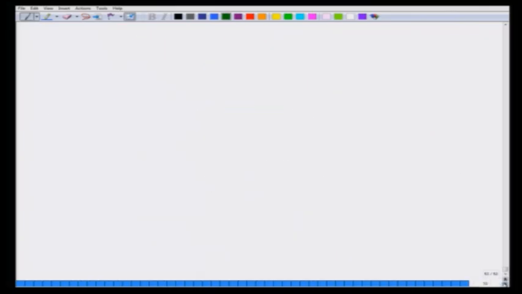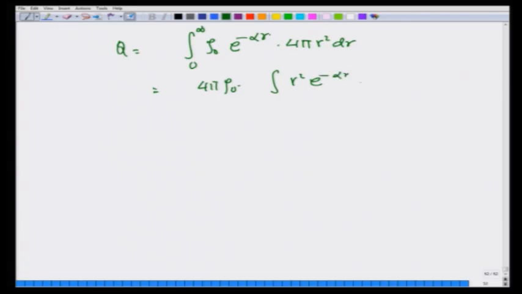What about rho 0 in terms of the total charge? Now, total charge q is equal to the integration of rho 0 e raised to minus alpha r times 4 pi r square dr from 0 to infinity, which is 4 pi rho 0 integration of r square e raised to minus alpha r dr from 0 to infinity, which is 4 pi rho 0 times 2 factorial divided by alpha cubed.